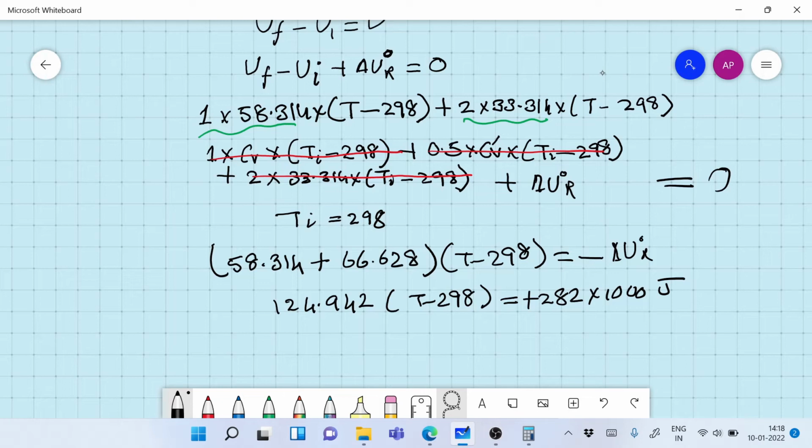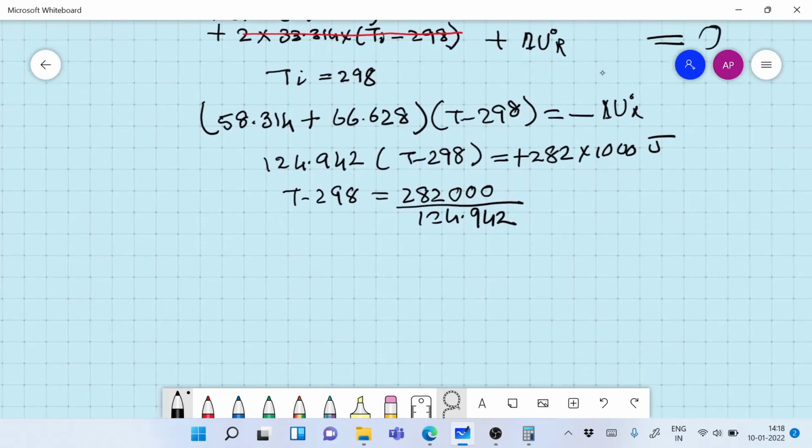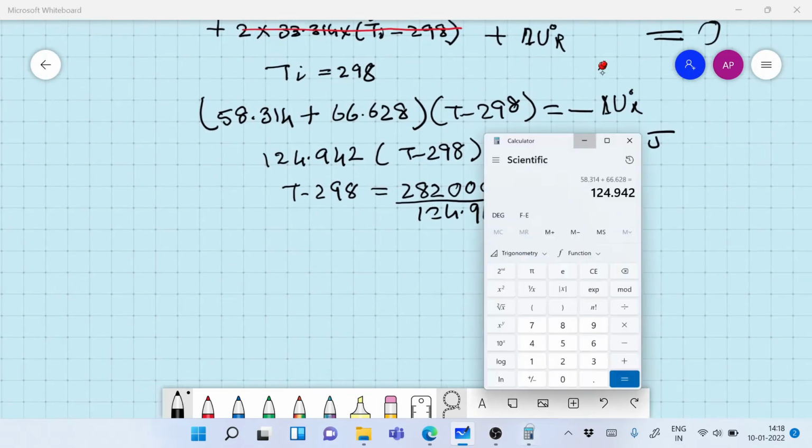So the answer here now is T minus 298 is equal to 282,000 divided by 124.942.